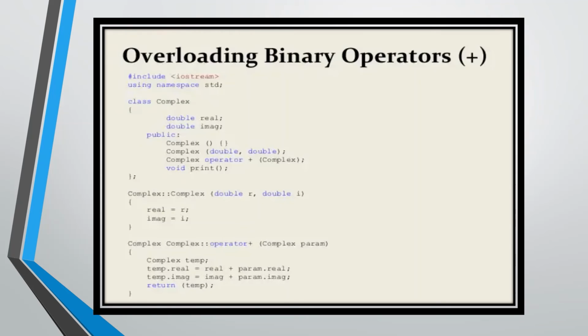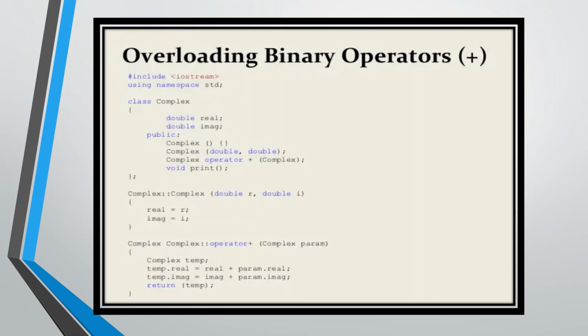Now when we define the addition of two complex numbers, we are going to perform the addition of the real part of the first complex number and the real part of the second complex number. And the same thing, we are going to perform the addition of the imaginary part of the first complex number and the imaginary part of the second complex number.